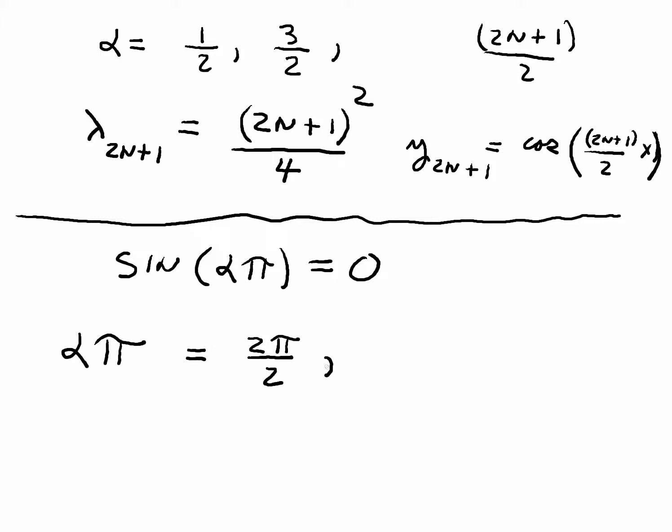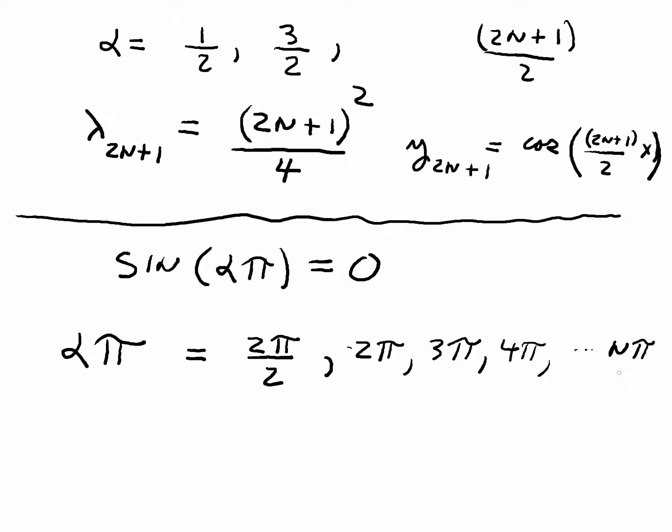Then the next time that occurs is at 2 pi, really, right? Let's just write this as 2 pi, 3 pi. So at integer multiples of pi, I get that the sine is 0, and in particular it'd be n pi.